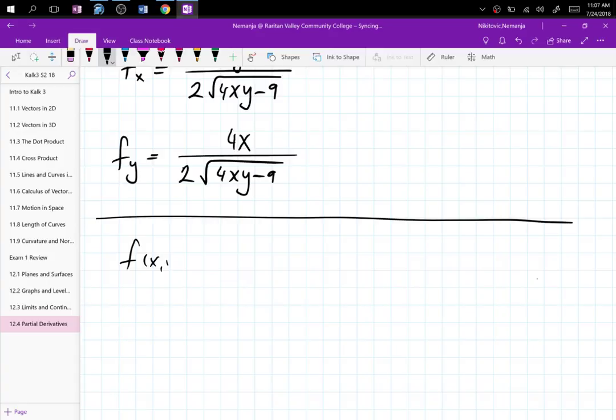F of xy is equal to, let's see, something cool. y e to the x minus 3 ln xy.